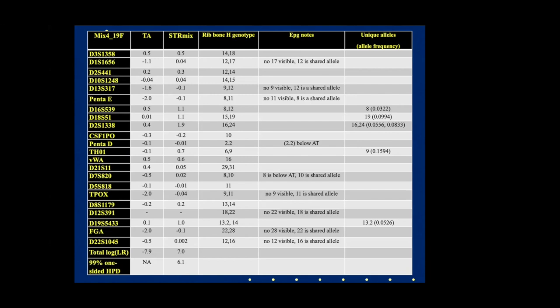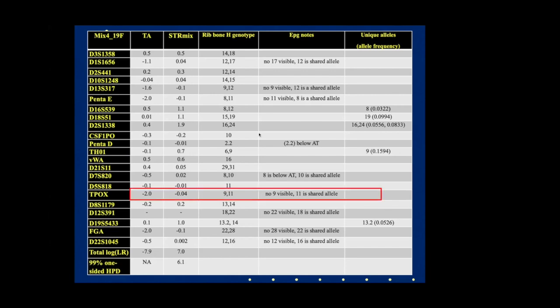That shows you the genotypes at all the loci for rib bone H. So the electropherogram notes point out at each of the loci where the allele is either not visible at all or below analytical threshold. And what you should notice is where that allele is not visible, there's nothing there, that's where TrueAllele comes up with a much larger negative value. It's more negative. STRmix is either a positive log LR or just slightly negative.